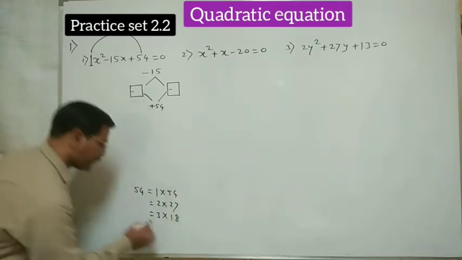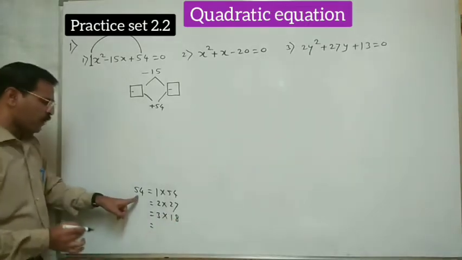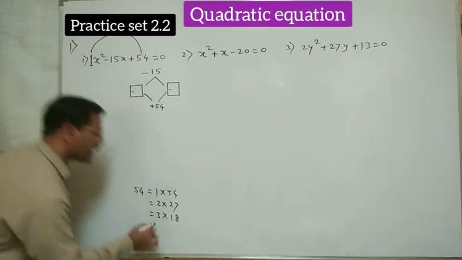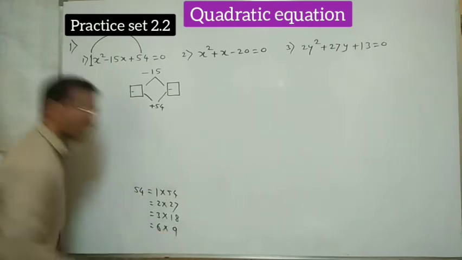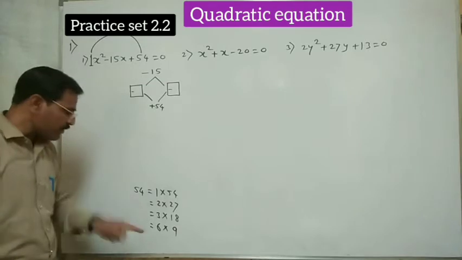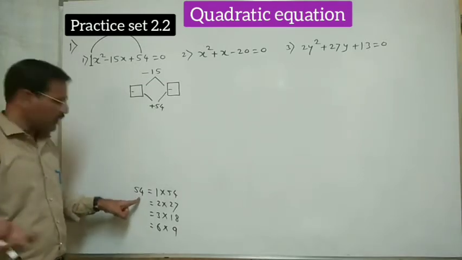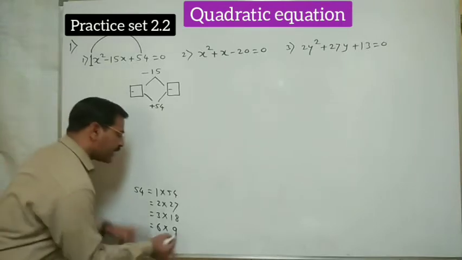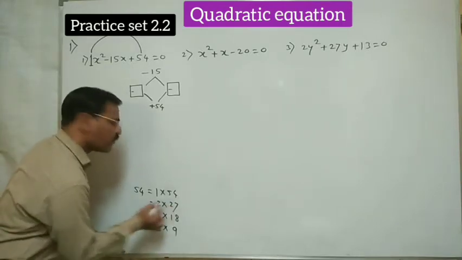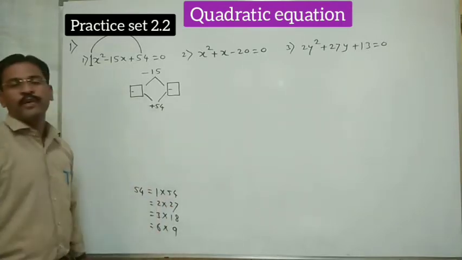Then it is not divisible by 4, I think. No. Then I will take 6, 6 into 9. Afterwards, 7 no, 8 is not divisible. Then 9, which again is 9 into 6, 18 into 3, 27 into 2 and 54 into 1.